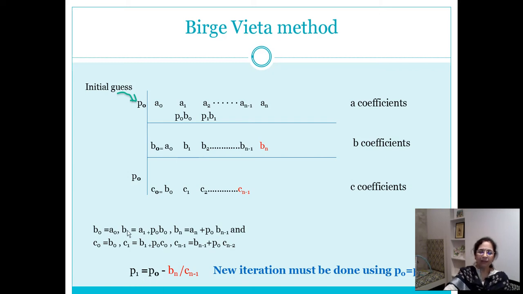Then this iteration will be calculated again, where the a coefficients remain the same, but we need to calculate the b and c coefficients by considering the new value of p, and we will call it the second iteration. Again at the end of the second iteration we will get some correction in the p value, and this bn value will be the indication whether we are converging in the process of finding the root.